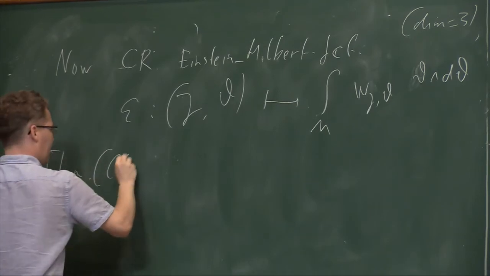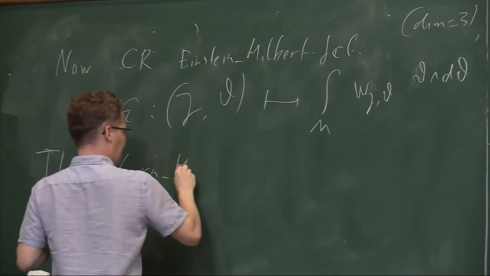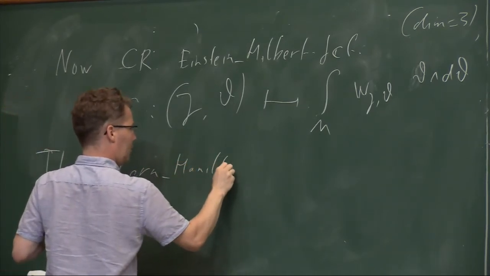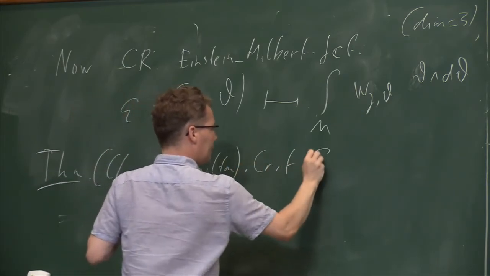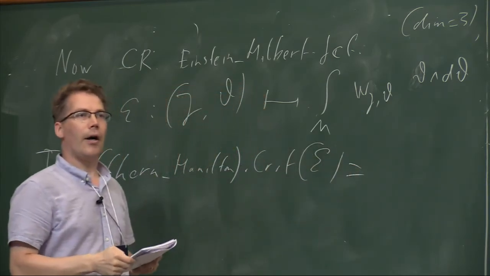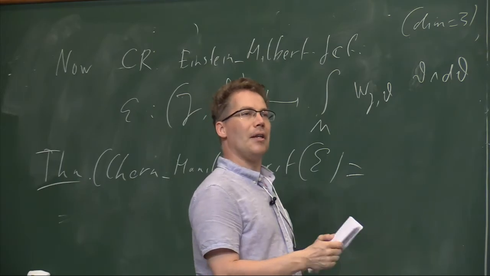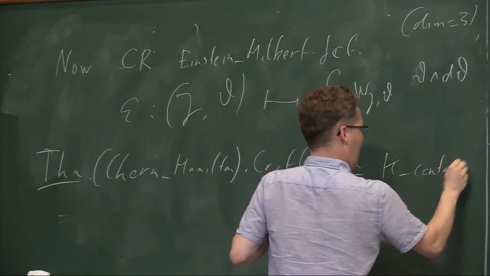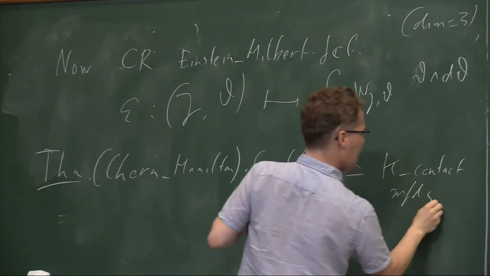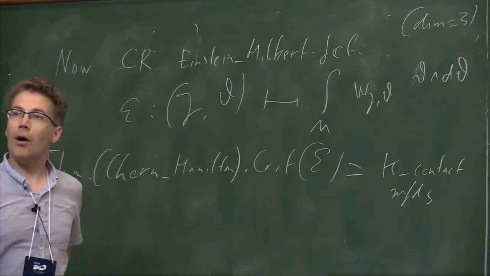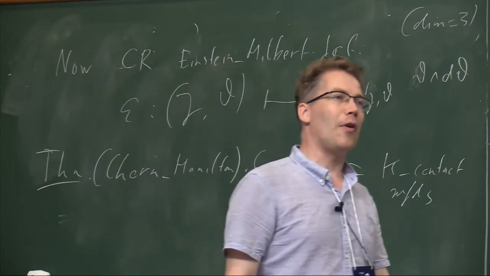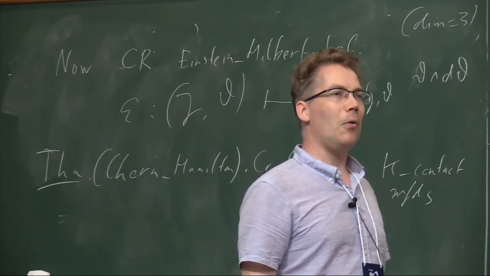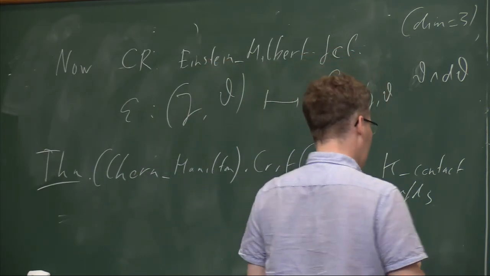Okay. And then maybe a theorem. So this was already done by Chern and Hamilton. So critical points of this functional are these K-contact manifolds. Okay, and so now we want to do a kind of gradient flow for this thing, and I will look at a gradient-like flow.